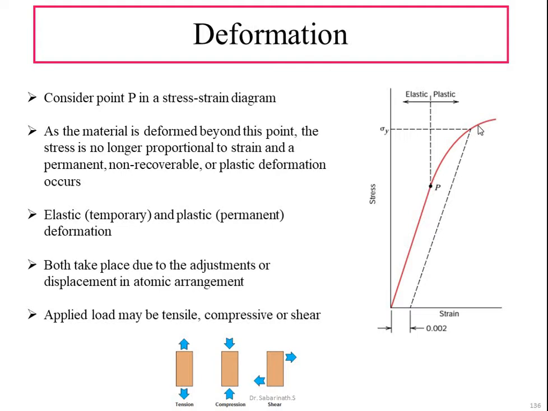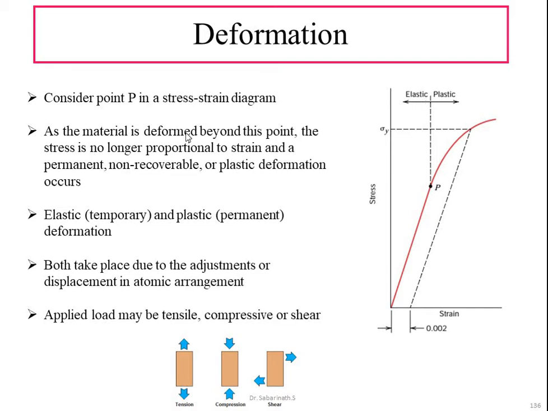But beyond the point P, if we withdraw the force, it will produce some permanent deformation. That permanent deformation is known as plastic deformation, and the deformation which can be recovered is known as elastic deformation.